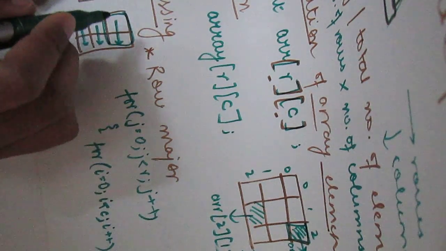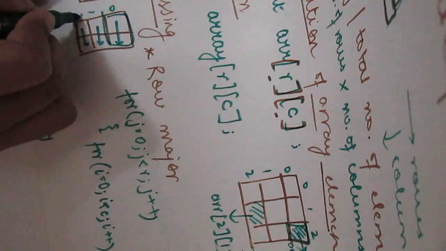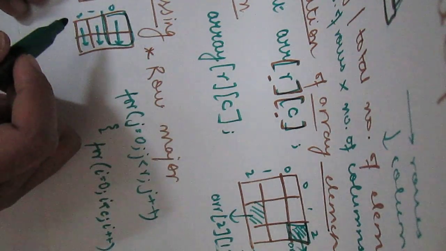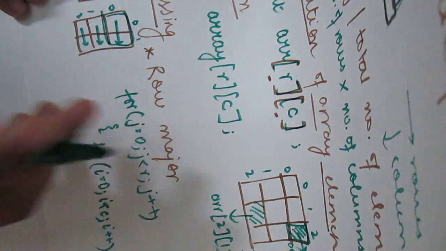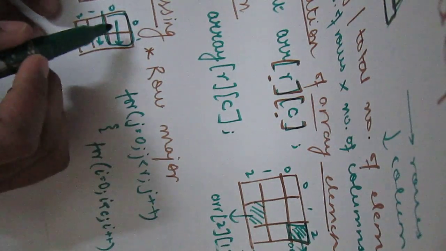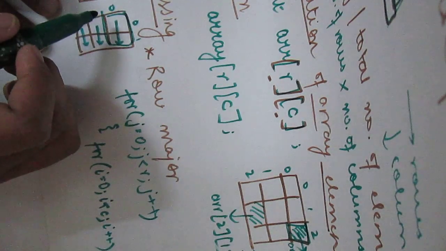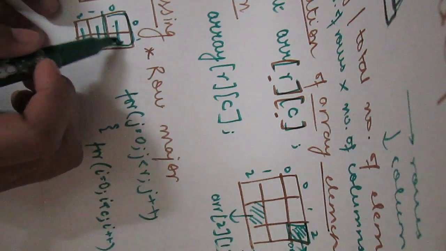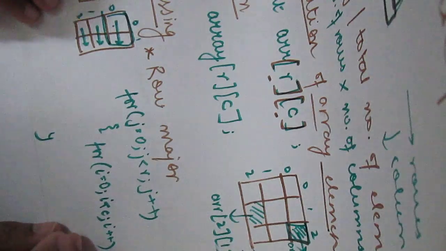Let's try to dry run it. For example, we have this array. This array has 0, 1, 2, 3 rows, and 0, 1, 2 columns. So what are we trying to do? Corresponding to each row, we are accessing every element present in its columns.